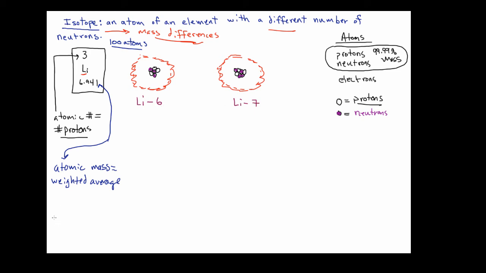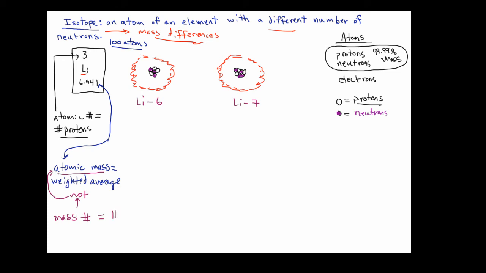All right, so we need to define a new concept here. And that concept is mass number. Now, mass number is not the same thing. It is not atomic mass. The students mess this up all the time. So what is mass number?